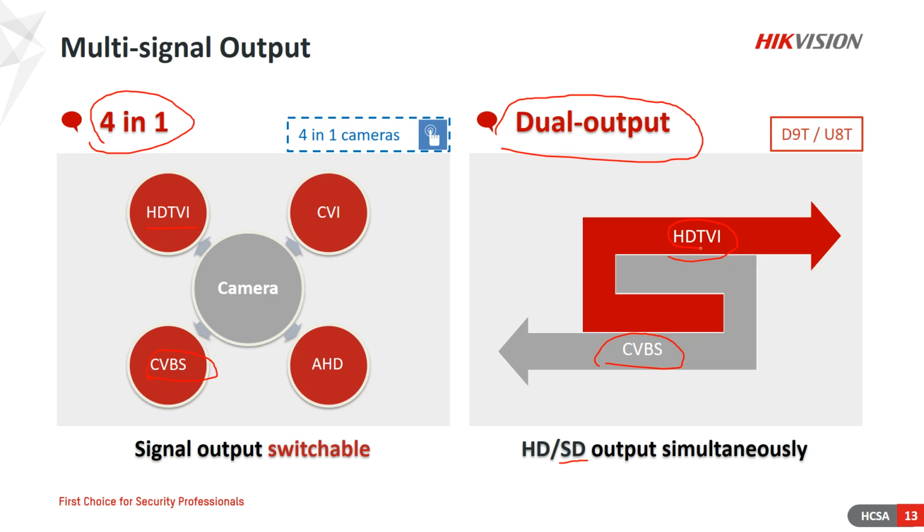So for some projects, they just output the TVI to the DVR by the coaxial cable, and they can also output the CVBS to a monitor that is able to support the BNC interface. So they can do a live view. This is the function we call dual output.